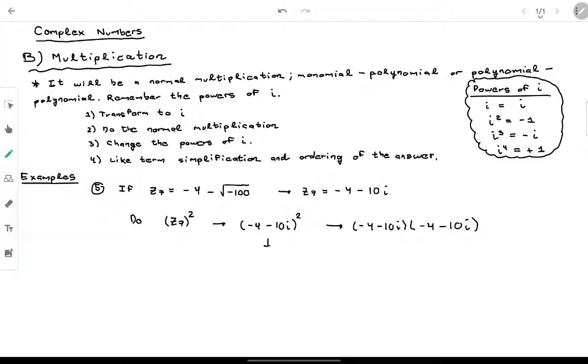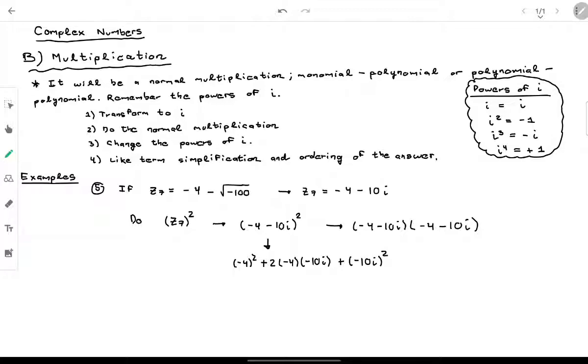Or we can use the special product rule here. Why? We have a binomial squared. How do we do a binomial squared? Remember, it's the first term squared plus 2 times the first one multiplying the second one plus the second one squared.